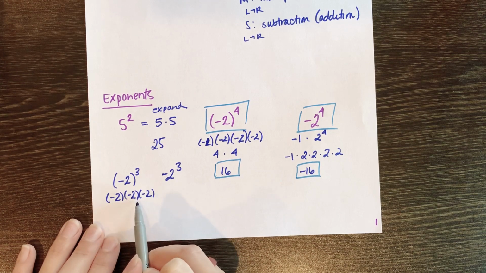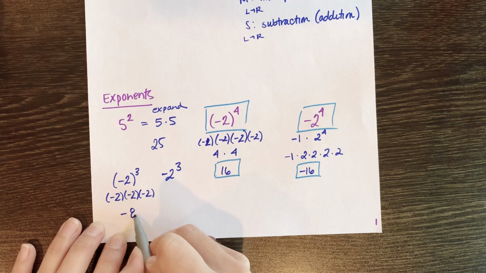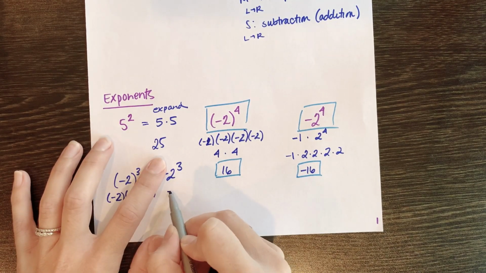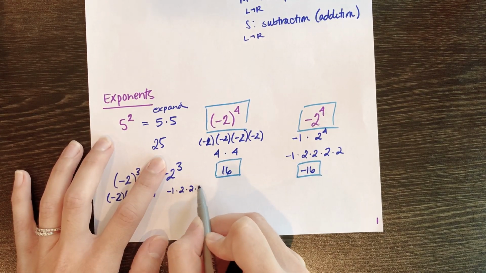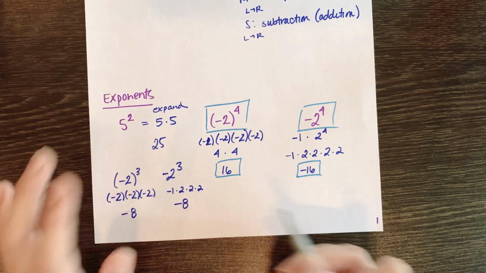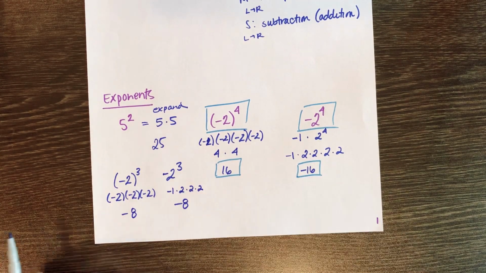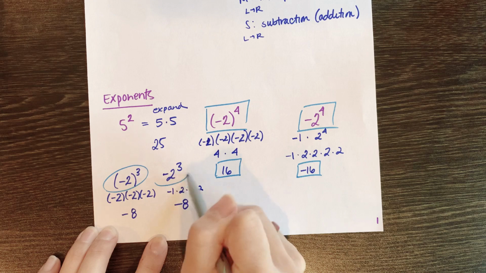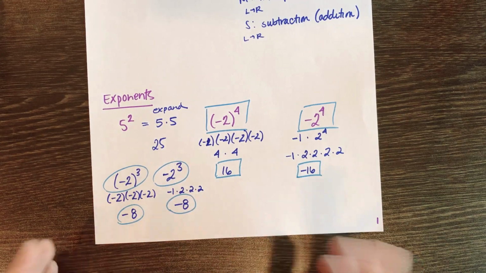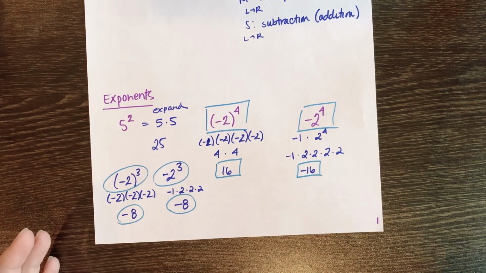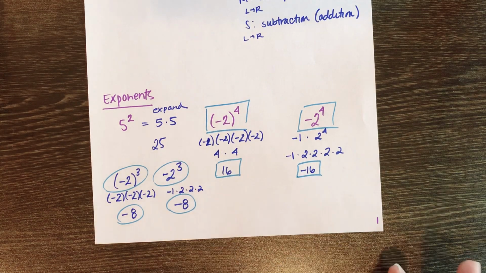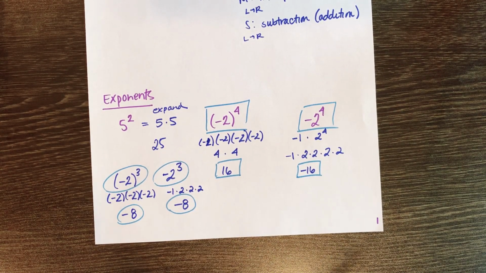I'll get a +4, but times -2, so I get -8. And here, I'm going to get -1 times my 2 times 2 times 2. I still get -8. So just something to think about. When you have that odd exponent, it's negative regardless of the parentheses. But with that even exponent, you want to be cautious. Think about that concept. Is that negative also being repeated? That's what you want to think about.